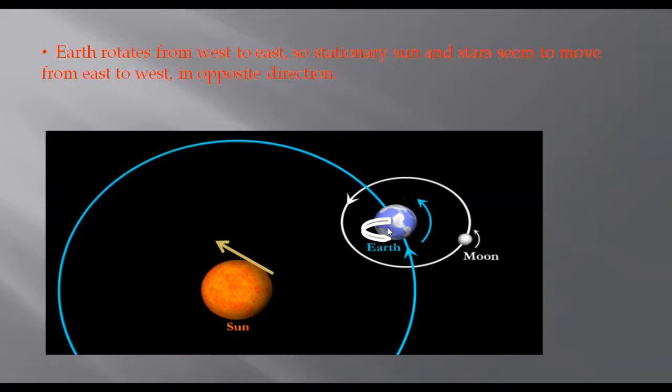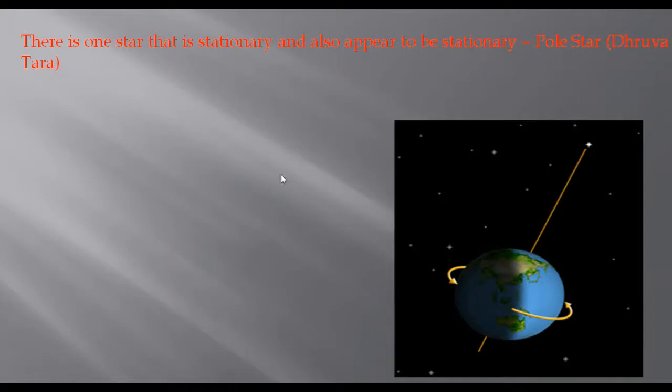Earth moves like this from west to east, so it seems that the sun and the rest of the stars are moving in the opposite direction, that means from east to west. So whenever Earth rotates from west to east, stars in the sky appear to move in the opposite direction, from east to west.